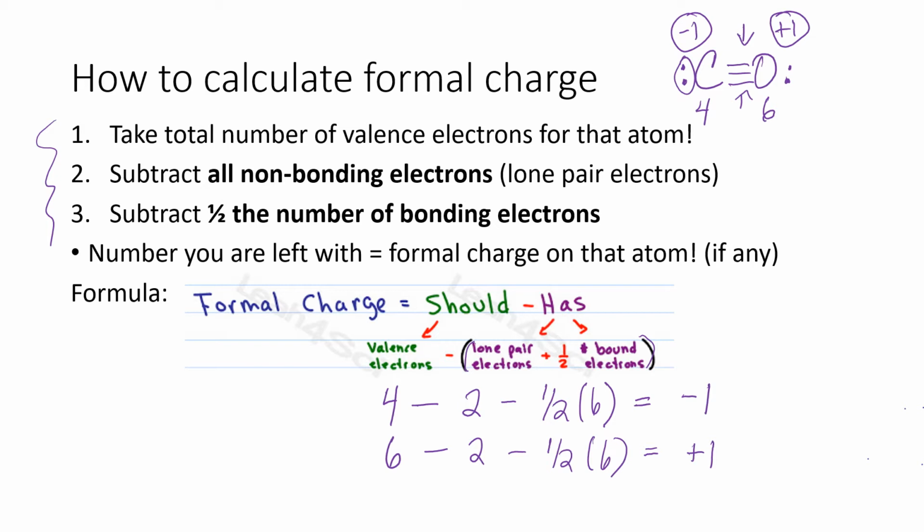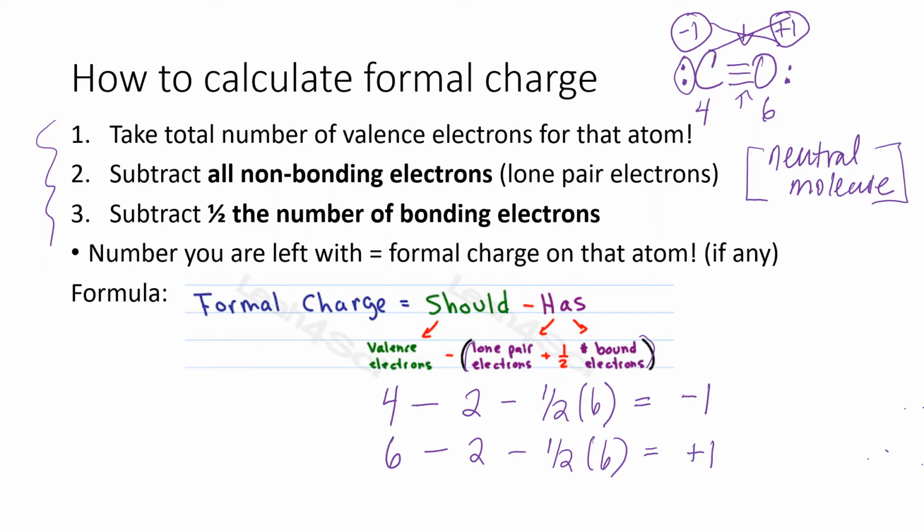Now notice that carbon monoxide is a neutral molecule. There is no charge on carbon monoxide. So it is important, in fact, that these 2 charges, the -1 and the +1, are canceling one another out to give us back this neutral molecule.